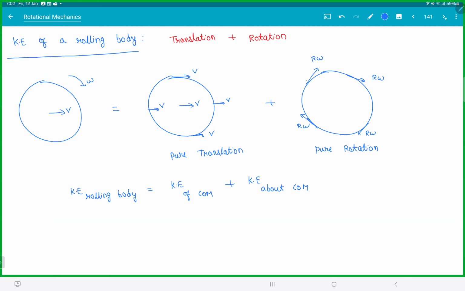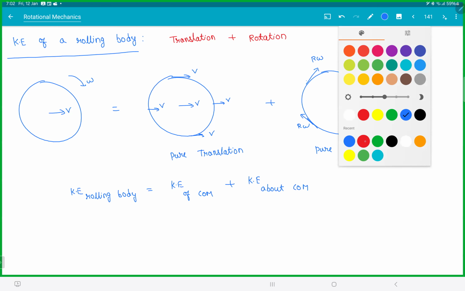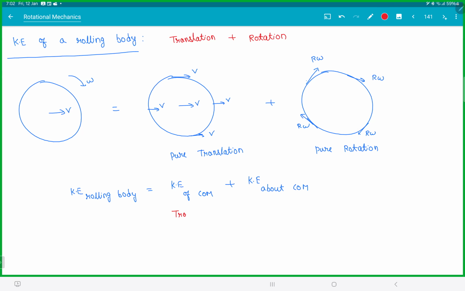So basically this thing is the translational component. This is your rotational component. Half m V COM square plus half I center of mass omega square. Check it out.